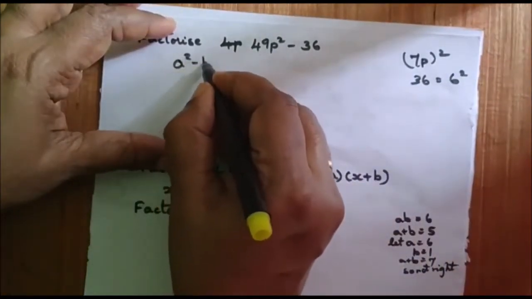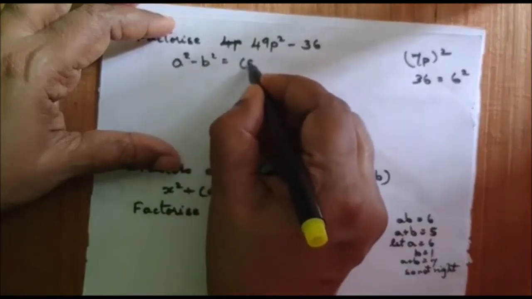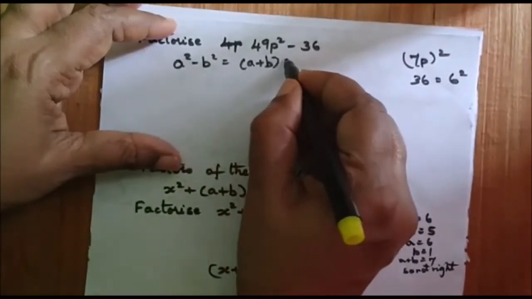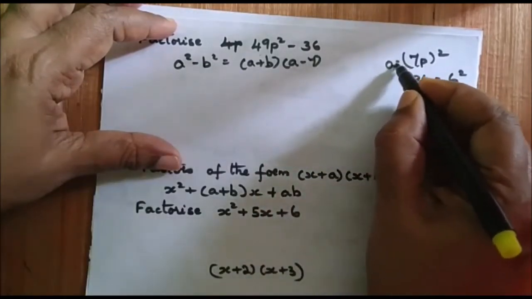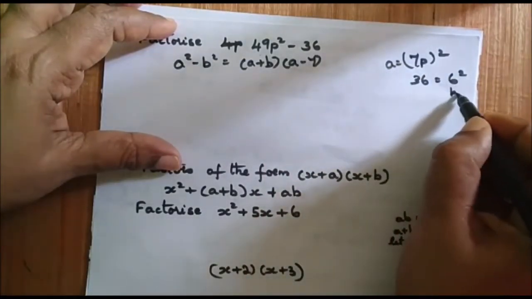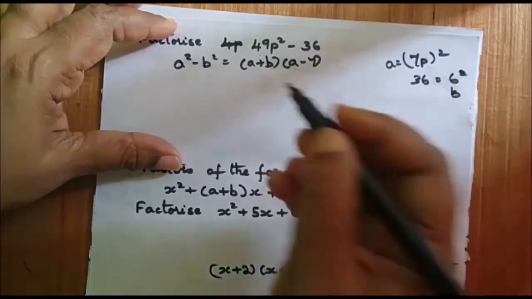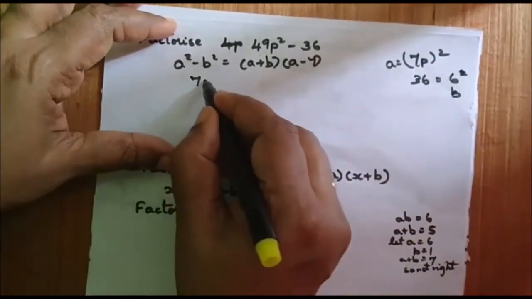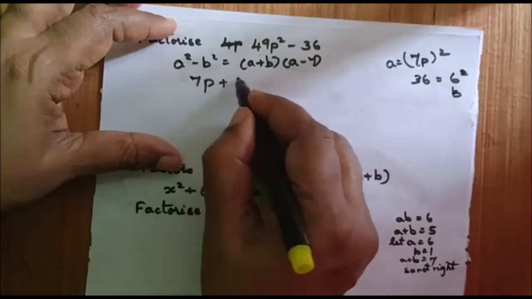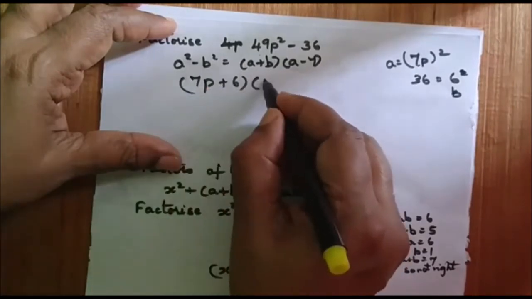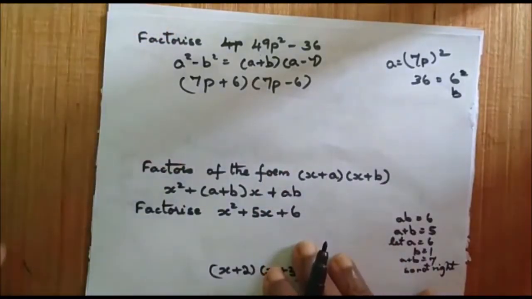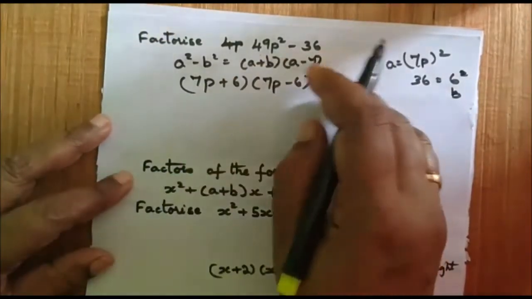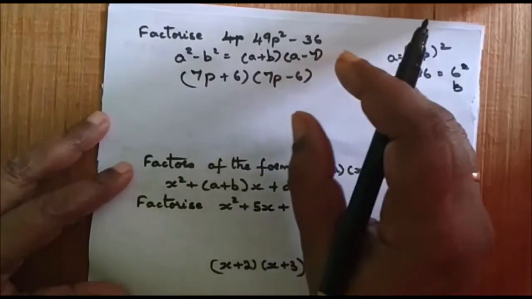It is a squared minus b squared is equal to (a plus b) into (a minus b). This is my a and this is my b. So I can write it as (7p plus 6) into (7p minus 6). These are the two factors of the given expression. I hope you understood this.